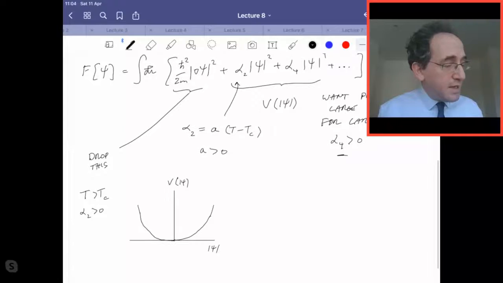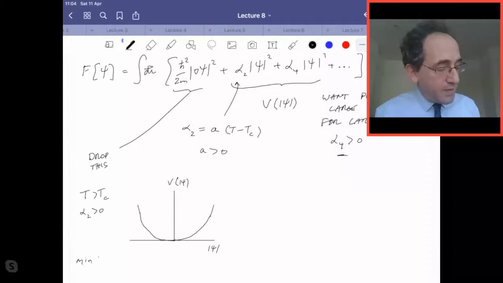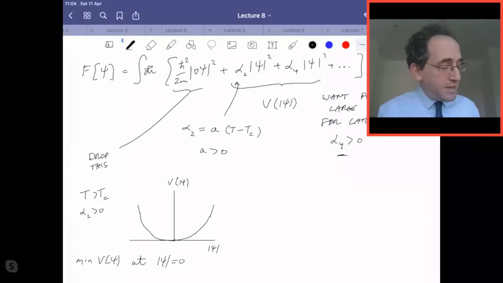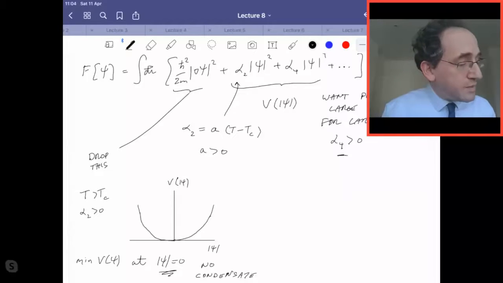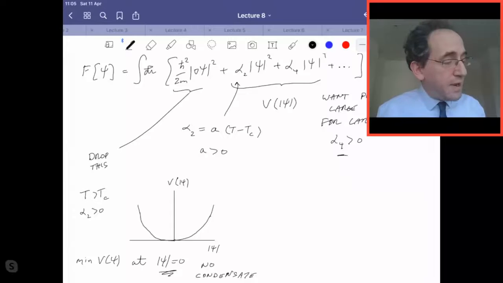And the minimum of V of psi is at psi equals 0. And that tells us that there is no condensate, that psi equals 0, no order parameter, no condensate. That's what we had hoped. For T greater than Tc, you would have expected no condensate.